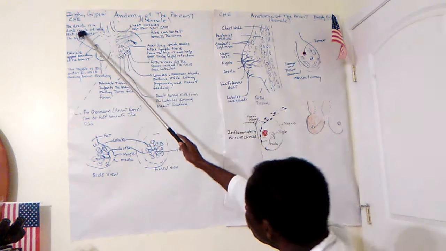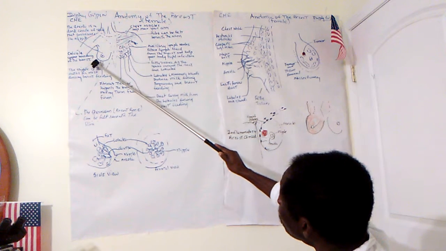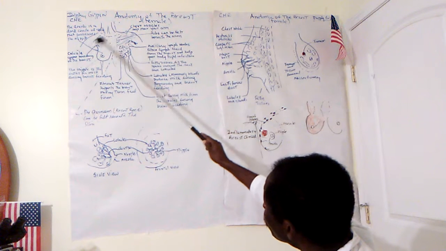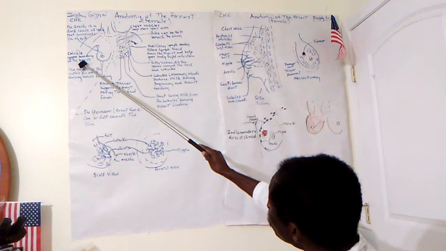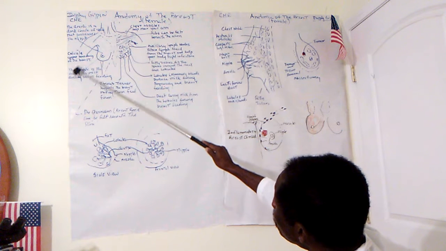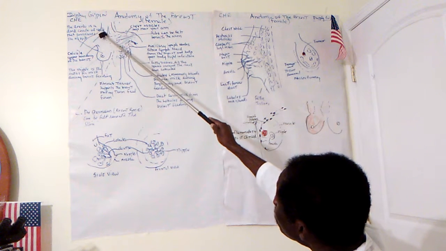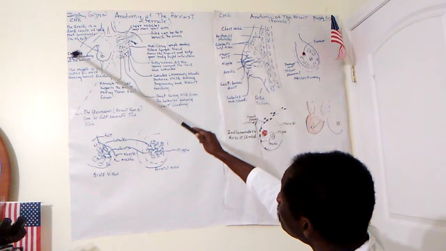And here we have now the breast, the left breast, the clavicle, which is the upper boundary of the breast, and that will be right up here, the clavicle.